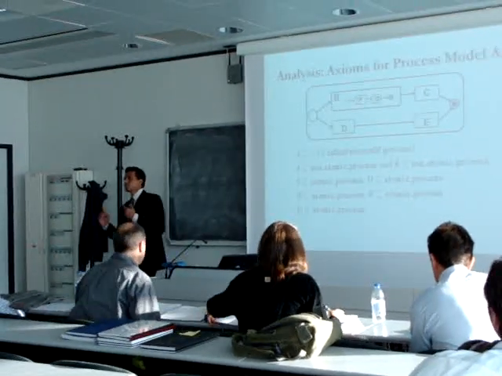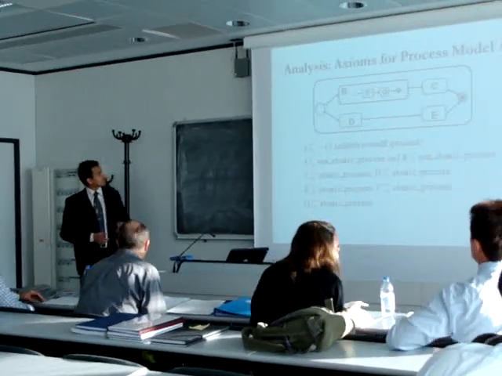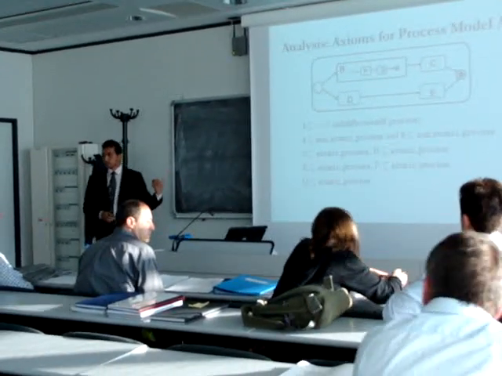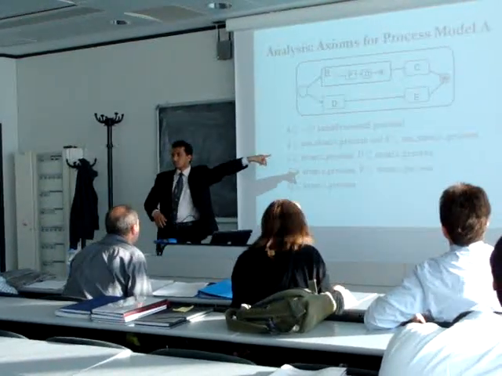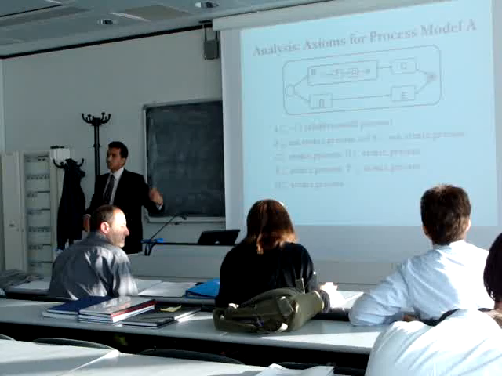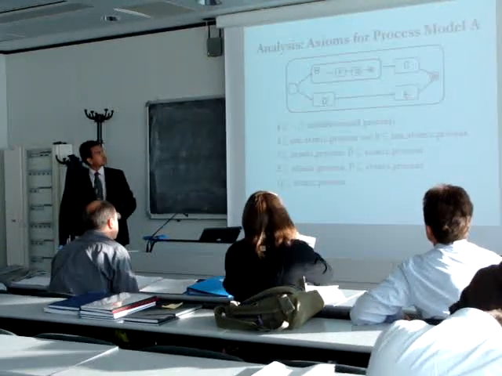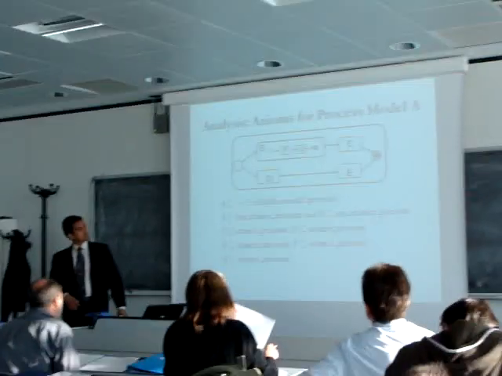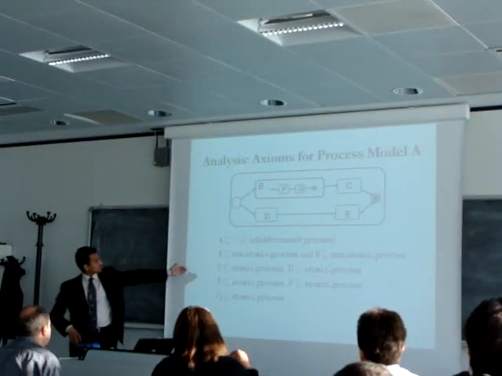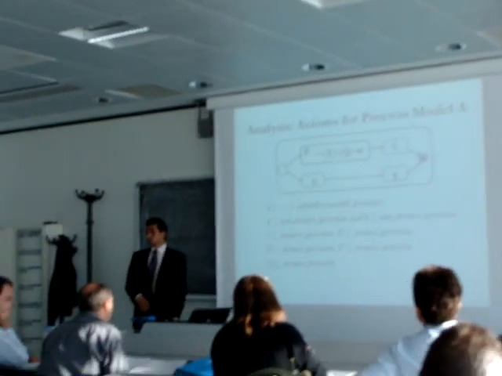Otherwise, if that happens, then it will be cyclic. The process A is a non-atomic process, because this is a complex process, and we already said that a complex process is a non-atomic process which has a start point and an end point. So A is a non-atomic process, and B is also a non-atomic process, where C, D, E, P, and Q are atomic processes.